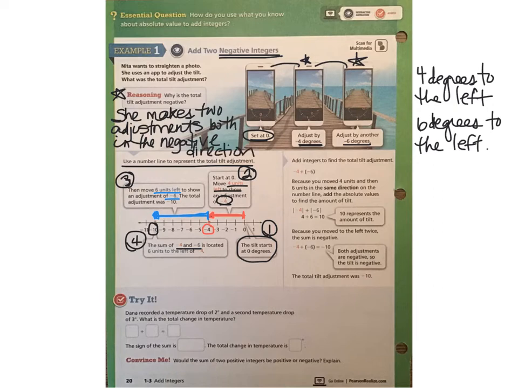So that means she continues to move the picture to the left, to represent that amount of tilt. So now I'd like for you to look at the second piece of this, which is how to do this without the number line.